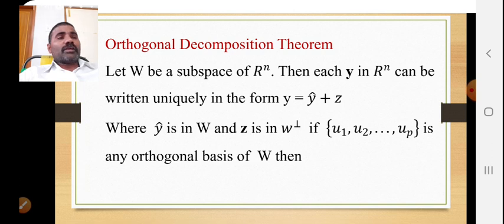That is, u1, u2, up are perpendicular to z. That's why z belongs to W complement. y cap is in W and z is in W complement if u1, u2, up is any orthogonal basis of W.